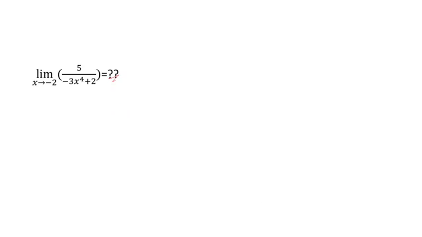So here's another example. The limit of 5 divided by quantity negative 3 times x to the power of 4 plus 2 as x approaches negative 2. Again, just write the function: 5 divided by negative 3 times x to the 4th power plus 2.